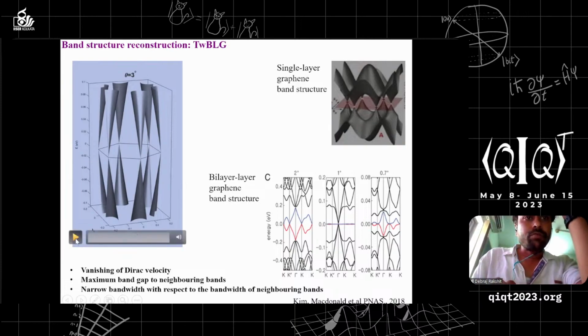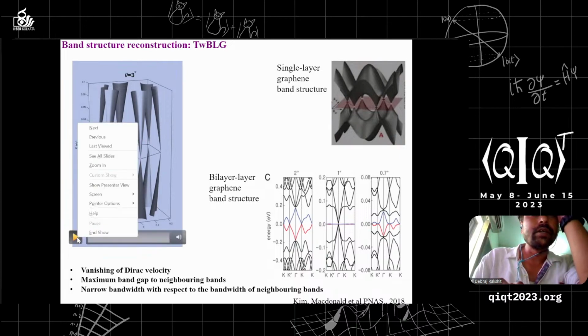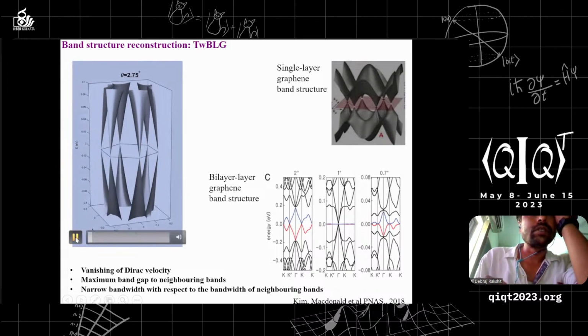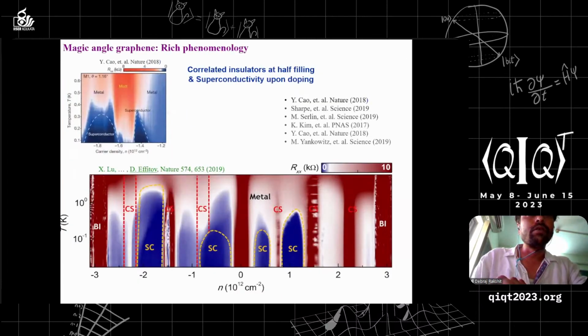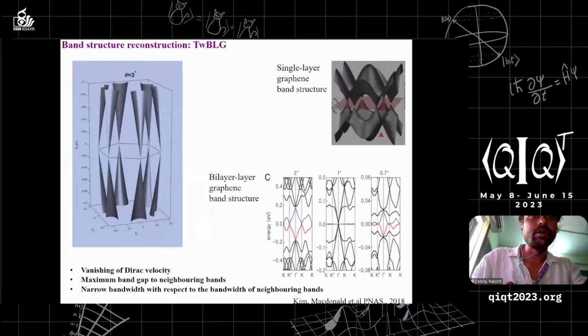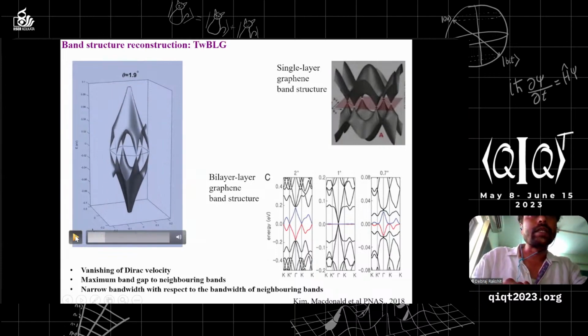I have a video, so most probably I will show that for fun, how the band structure emerges with angle. So this is like this. You start noticing the angle also, and the angle is decreasing.